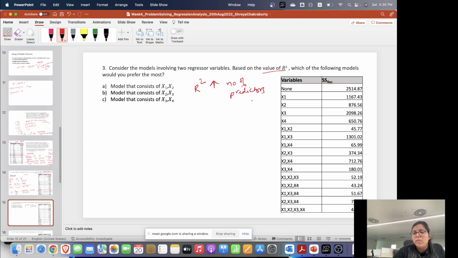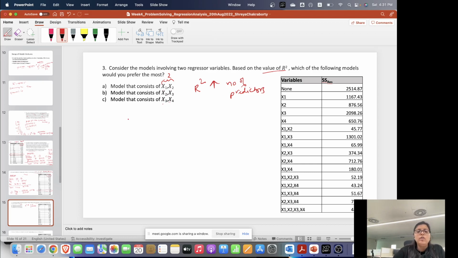As we keep adding more predictors, the value of R square will keep increasing. Since here we have uniformly 2 predictors, we cannot directly look and say this is the best one, because all of these are models with 2 predictors.